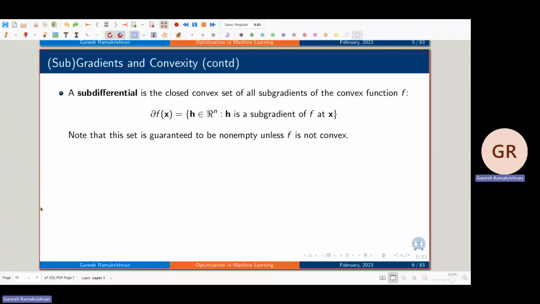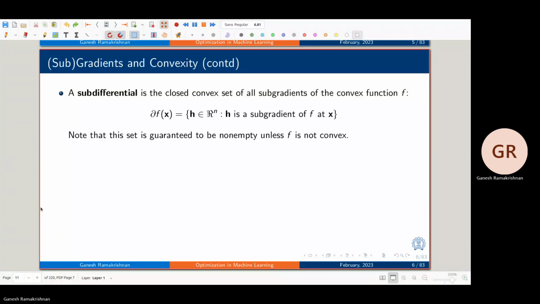So if I want to now show a subgradient for max of F1, F2 applied to y, I need a similar inequality.